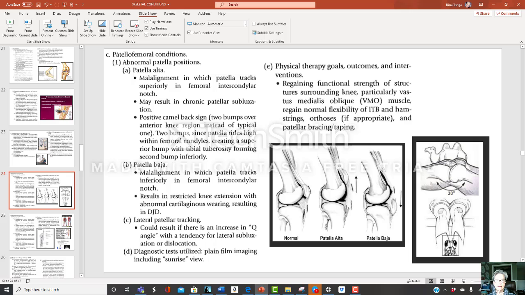So with the patella alta, you're going to see a camelback sign, two humps over the anterior knee region instead of a typical one.